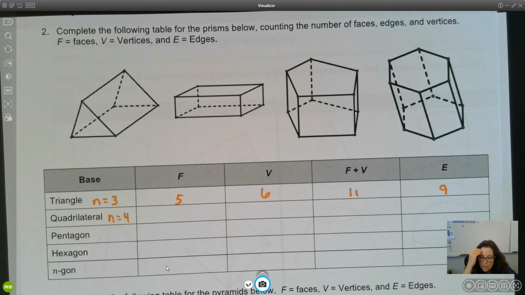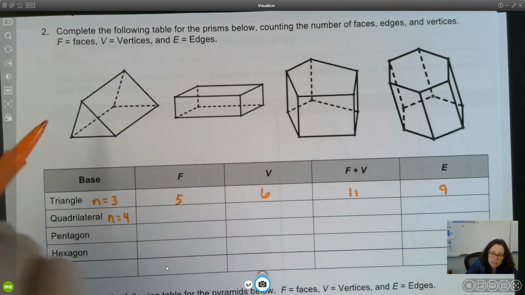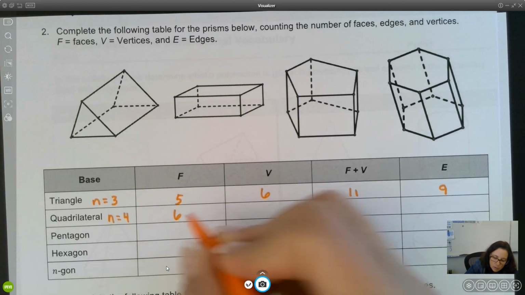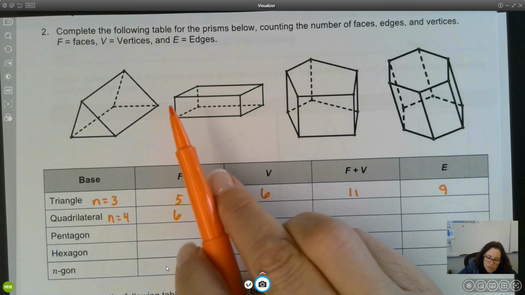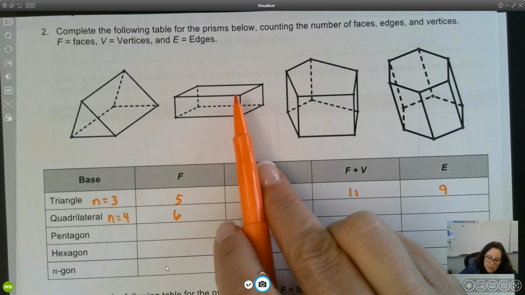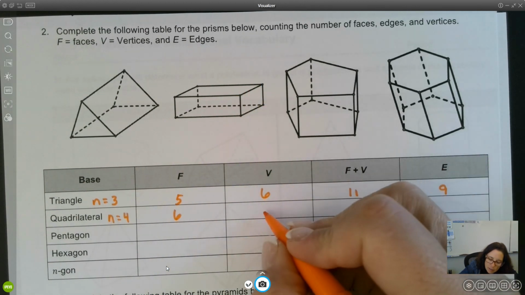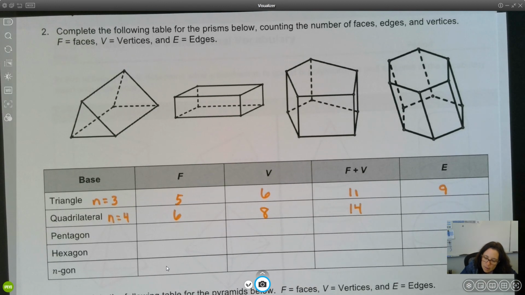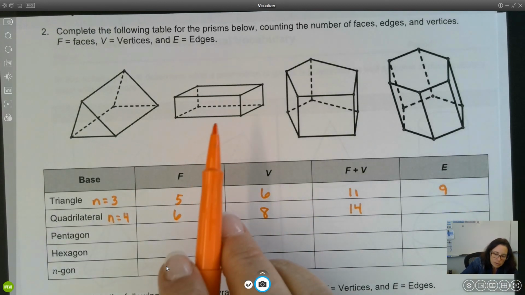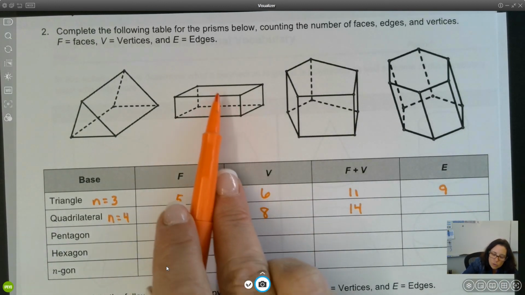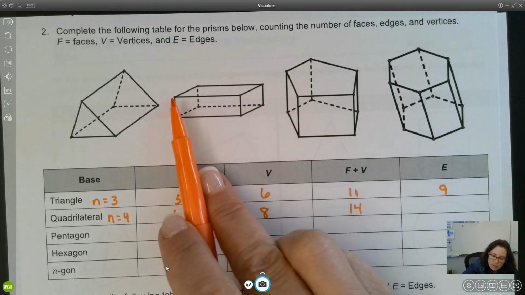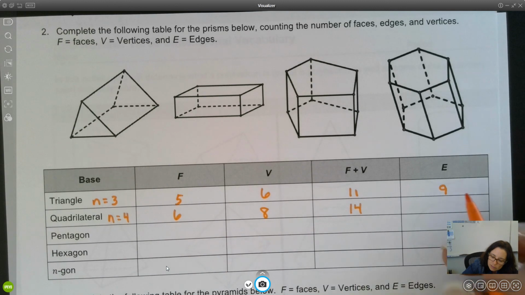Faces: we've got 1, 2, and then 4 rectangles connecting, so that would be 6. Vertices: 1, 2, 3, 4, 5, 6, 7, 8. Add these together, 14. The number of edges: 1, 2, 3, 4, 5, 6, 7, 8, 9, 10, 11, 12.